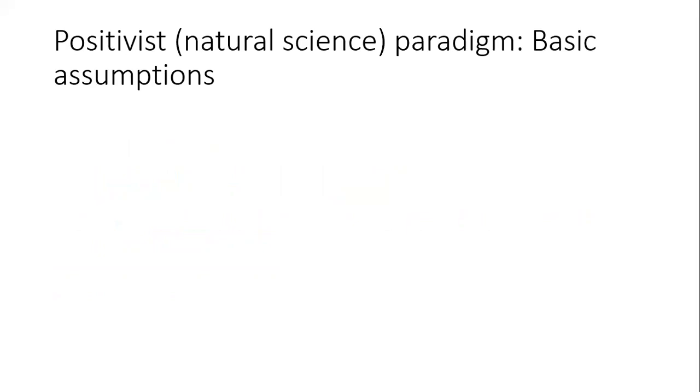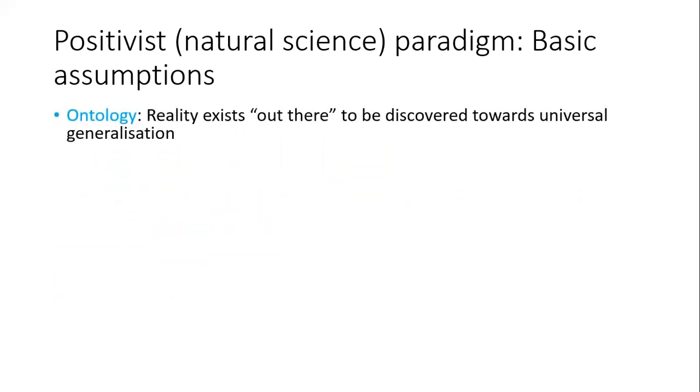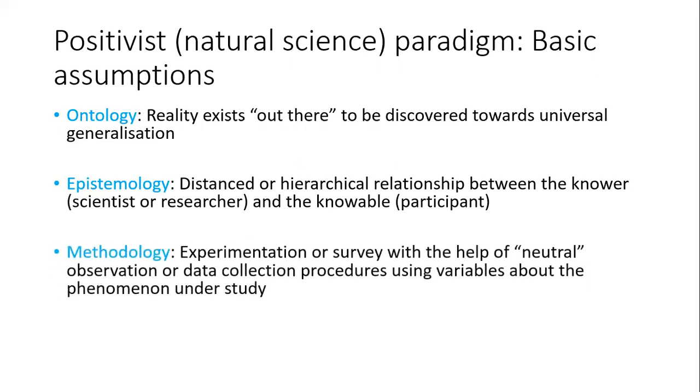Okay, so very quickly, let's do a recap of the natural science paradigm. It tells us about the existence of reality out there to be discovered towards universal generalizations. And here we'll be talking about generalizations in terms of relationship between different variables. Then epistemology, distanced or hierarchical relationship between the knower and the knowable. Methodology, experimentation or survey with the help of neutral observation or data collection procedures using variables about the phenomenon under study.